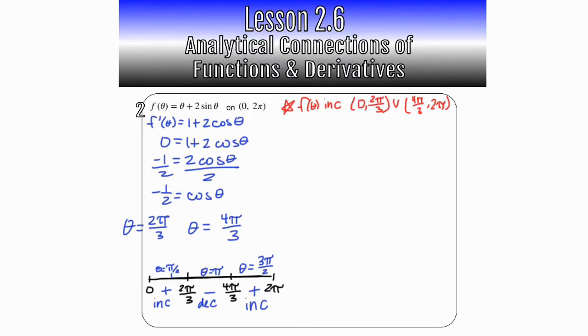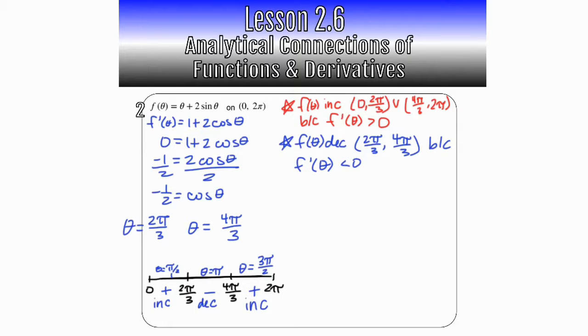And I know this because f prime of theta is greater than 0. The next thing I want to note is that f of theta is decreasing from 2 pi over 3 to 4 pi over 3 because f prime of theta is less than 0. Okay, so now we've taken care of increasing and decreasing.